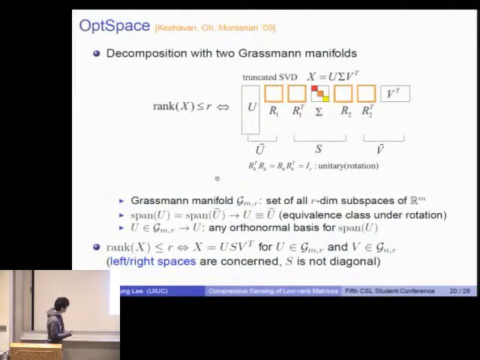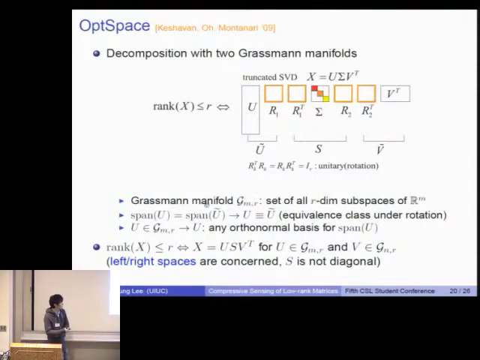Here the key point of this decomposition is that they are concerned with the left and right spaces. Because U and U tilde span the same subspace, they construct an equivalence class under rotation.